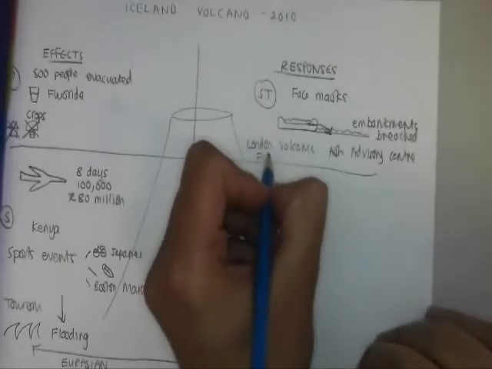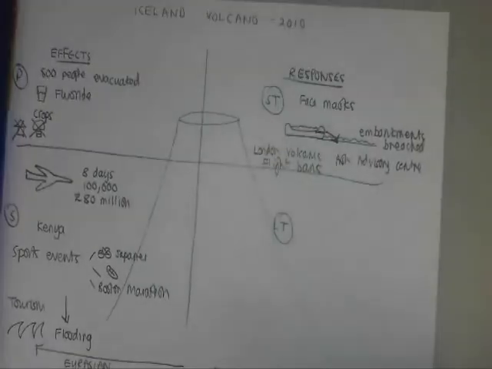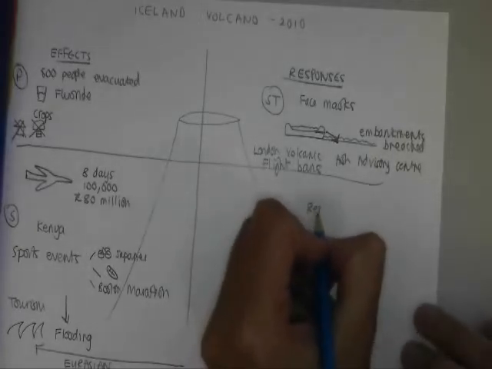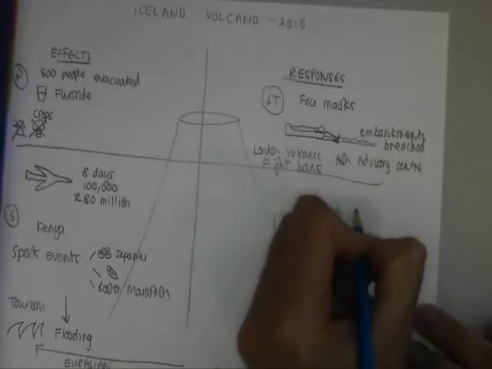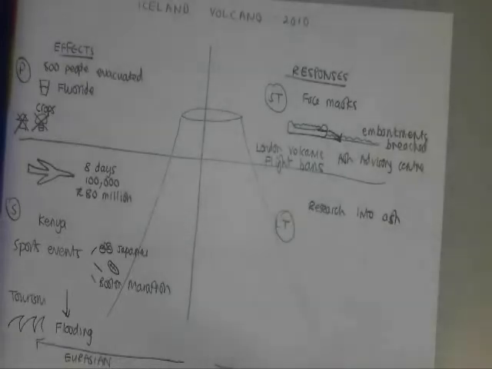We've talked about the flight bans, so you couldn't travel by air during this period. In terms of more long-term responses, well, there was a huge investment of money into the impact of ash on the airline industry. Okay, so we were better informed for future events.